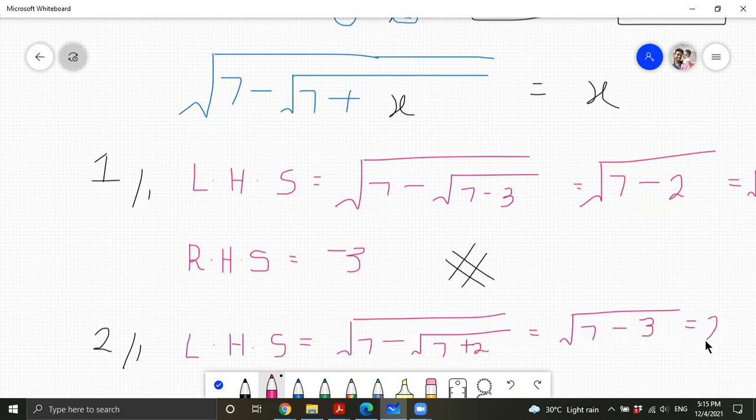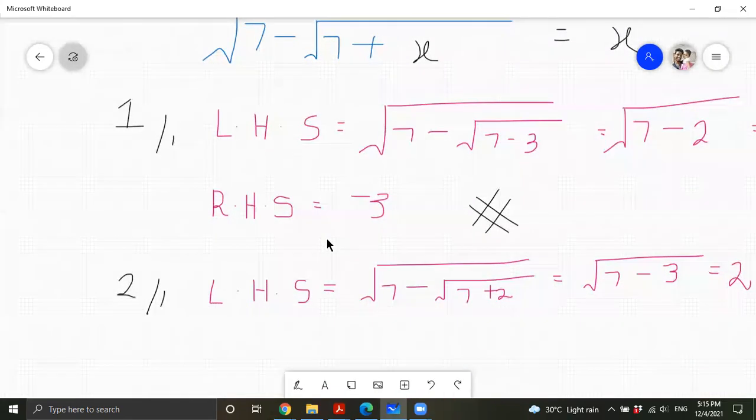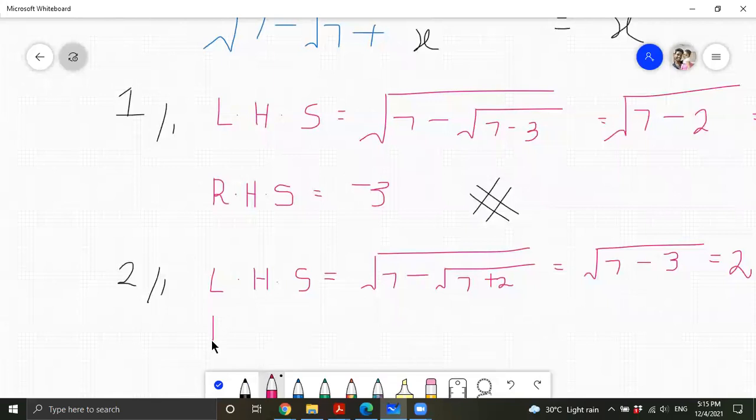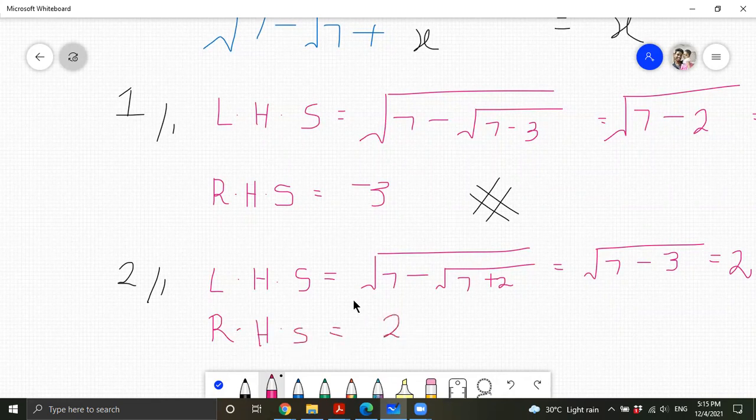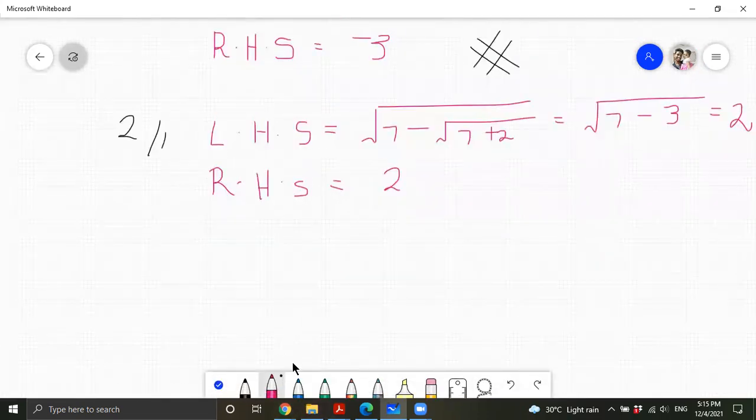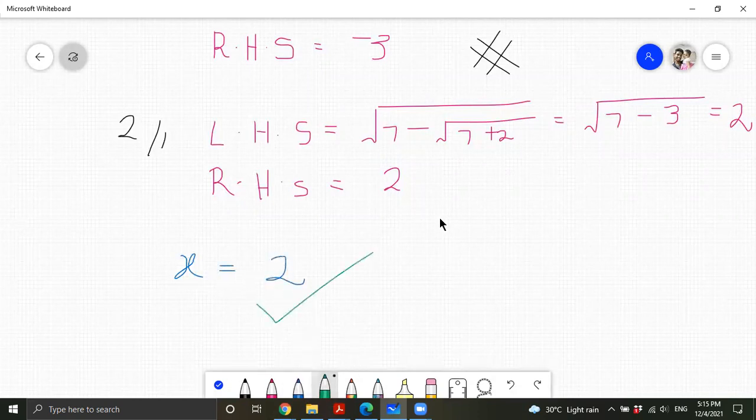Square root of 4, 2. Okay, now you also know that RHS is 2. LHS and RHS are the same. That's 2. That means the answer is x equals to 2, right? So we have concluded that x equals to 2.